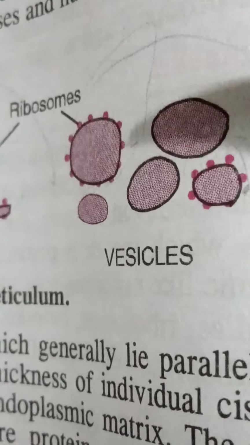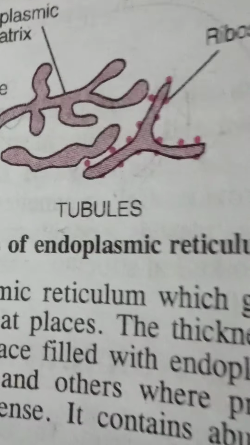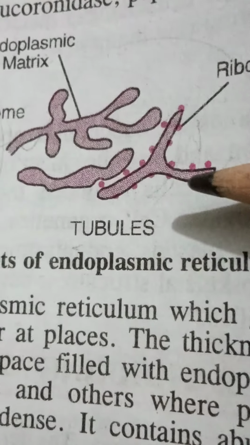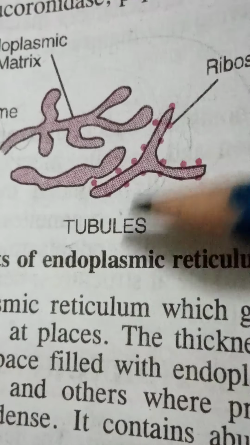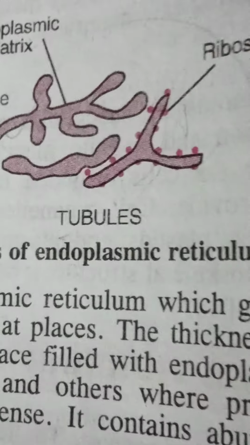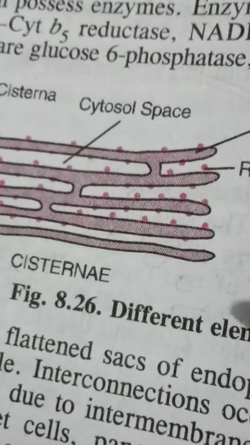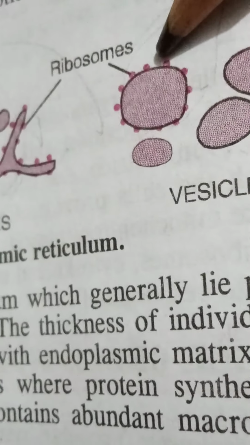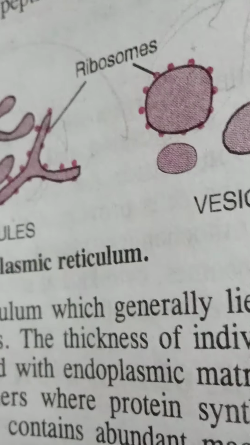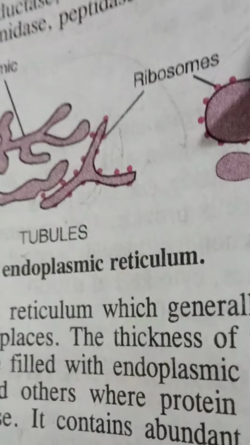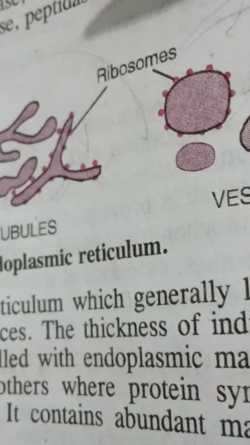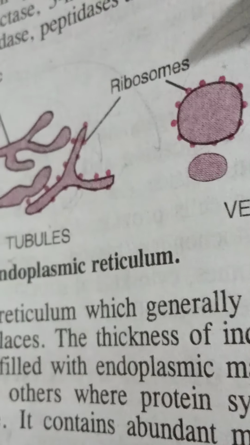Okay, now when you are observing this structure, you are seeing that in some parts of the endoplasmic reticulum, droplet-like structures are present, while in some others they are absent. That means some extra structures or granules are present, and based on the presence and absence of these granules, that is the ribosomes, the endoplasmic reticulum is divided into two parts.